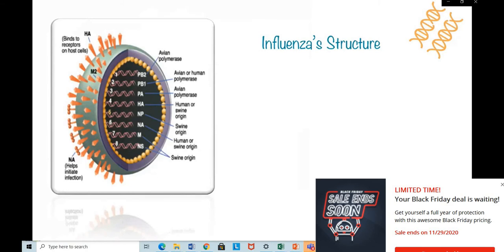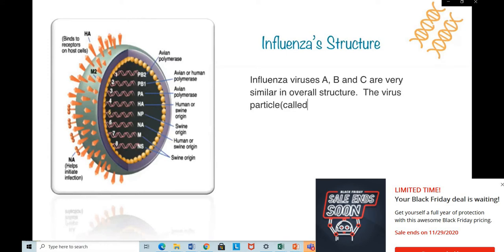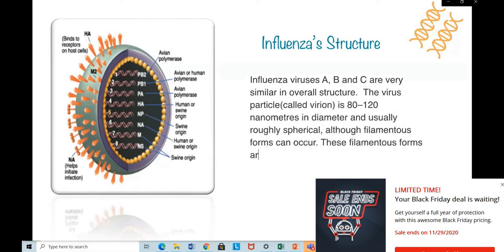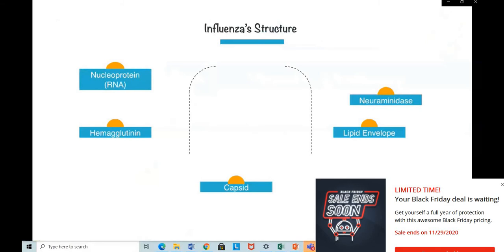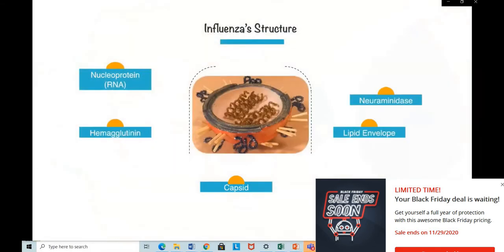Influenza structure. Influenza viruses A, B, and C are very similar in overall structure. The virus particle is 80 to 120 nanometers in diameter and usually spherical in shape. And now we will know what the influenza structure includes. Here is the model that I made. First thing, it includes the neuraminidase, which is a group of enzymes.